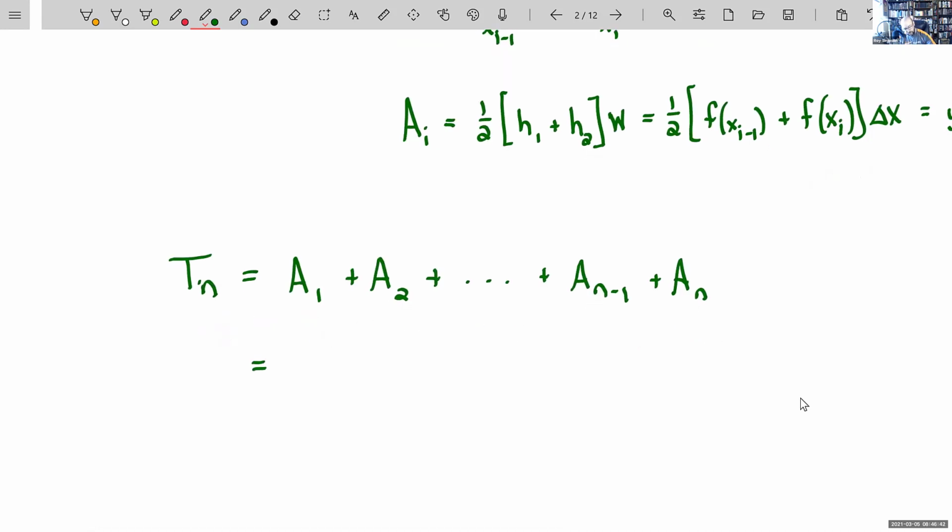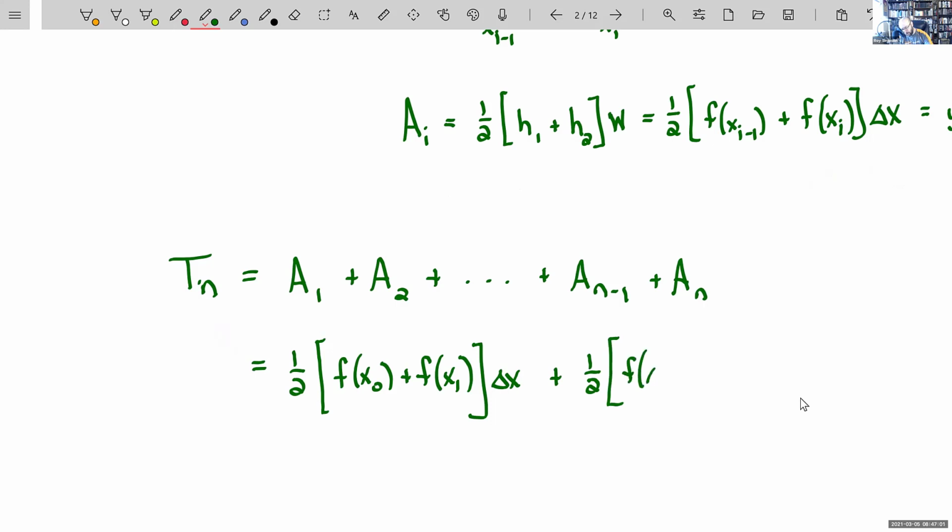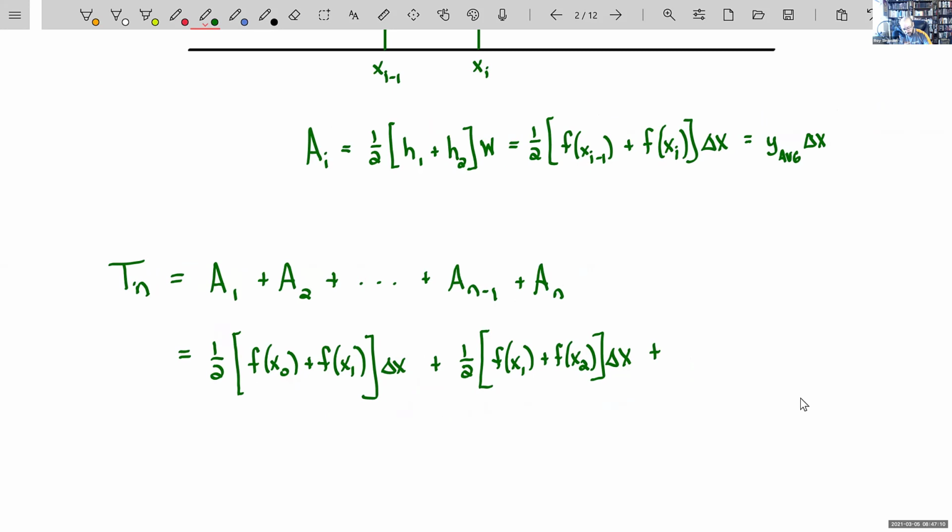The area of the first slice is 1/2 times f of x naught plus f of x1 times delta x, plus then the area of the second slice is 1/2 the average y value, which is f of x1 plus f of x2 times delta x, and so on and so forth down the line.